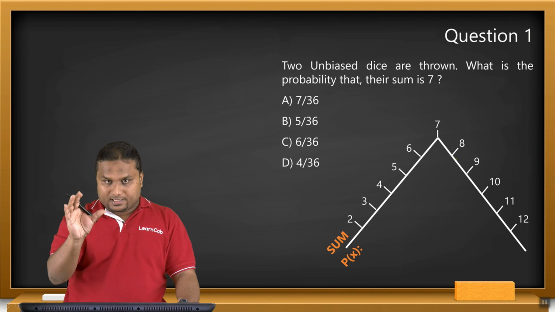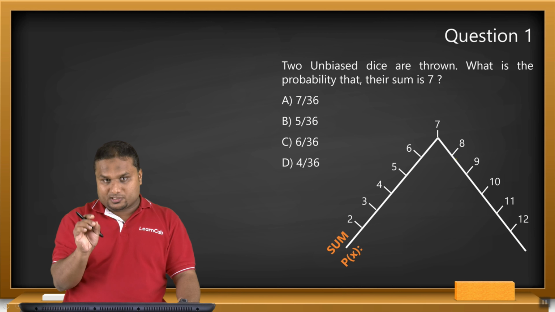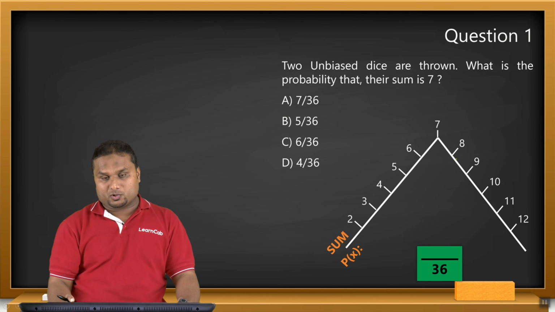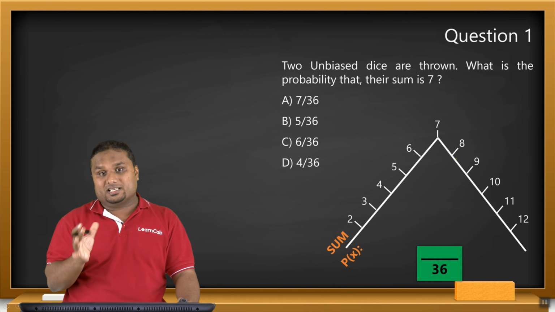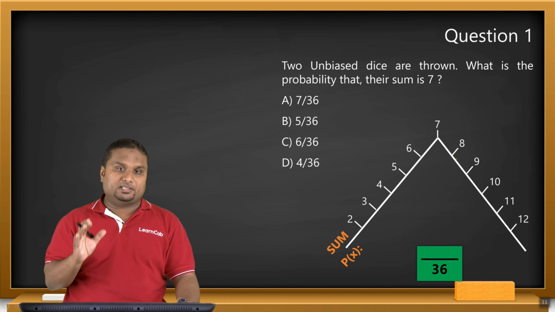Now there are 6 lines with 6 members each, so 6 into 6, there are 36 items in total. So for any sum, the denominator is 36, because the total number of items is 36. The denominator of every probability will be 36.